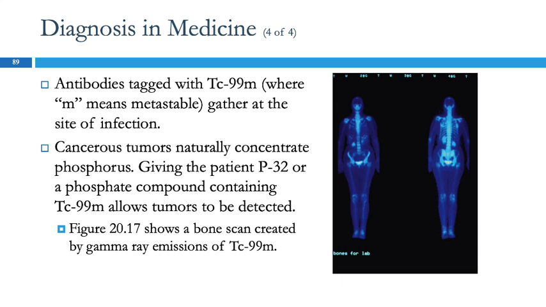And so if you give the patient phosphorus-32 or a phosphate compound that contains Tc-99m, then you can see where that is concentrated and you can identify where possible tumors are. Really, really useful in diagnosis.